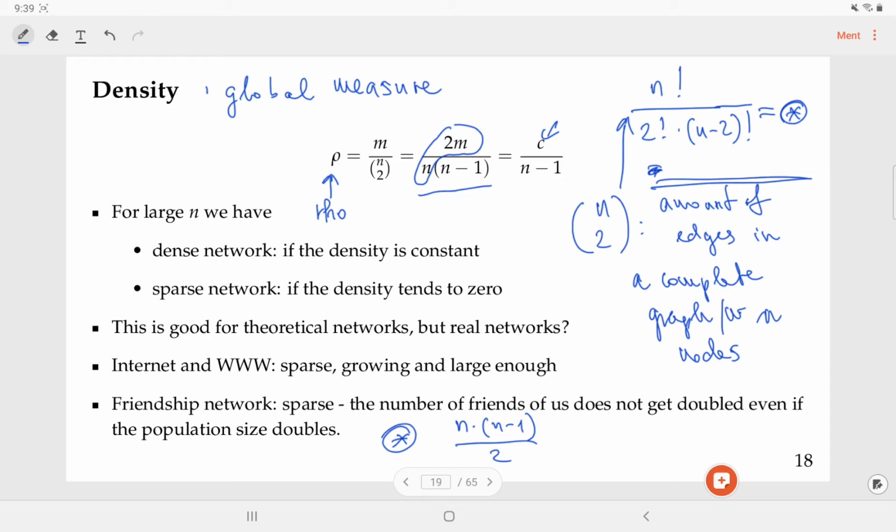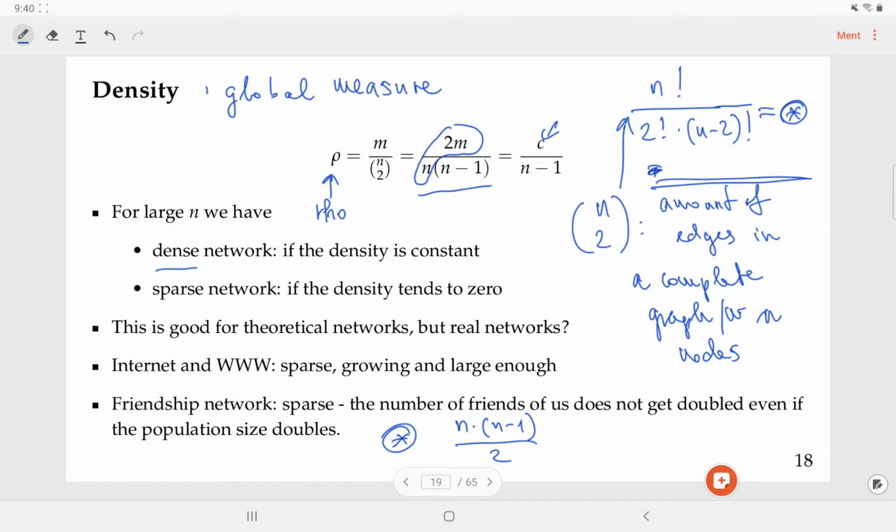Now, a density, of course, is a number between 0 and 1, I guess, and so the dense networks, those in which we have lots of edges, usually the density is a relatively large number.